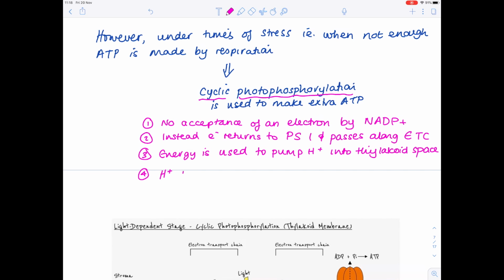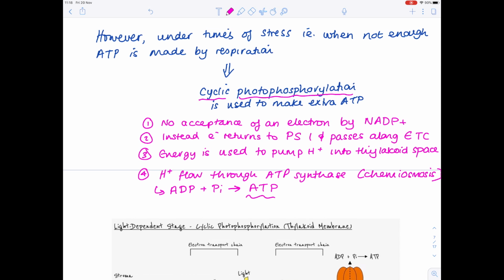Hydrogen ions flow through the ATP synthase due to that concentration gradient. Remember, this is chemiosmosis, and in this way ADP combines with that inorganic phosphate to produce ATP, which is what this cyclic photophosphorylation is all about. But because of this, cyclic photophosphorylation means that no reduced NADPH is made.